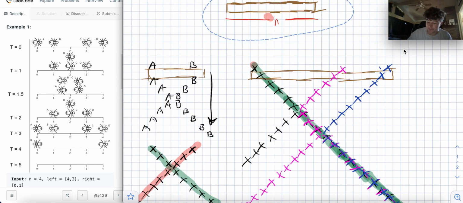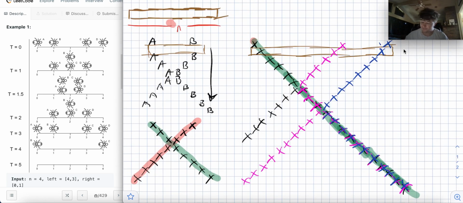how long it takes something, right? If something is going to the right, how long is it going to take? If something is going right, like this example here, how long will it take? Well, it's going to take the length of the board minus the position of the thing going right, because the thing is going right.